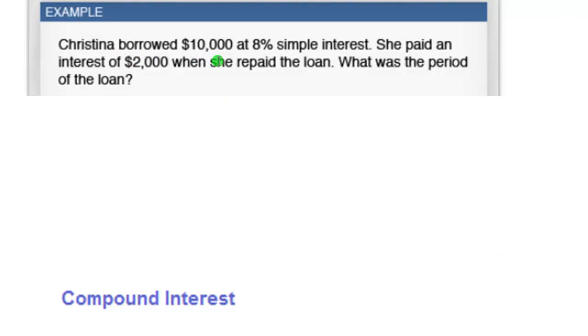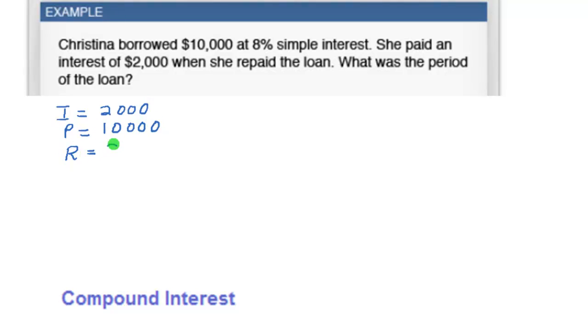Christina borrowed $10,000 at 8% simple interest. She paid an interest of $2,000 when she repaid the loan. What was the period of the loan? So we're looking for T this time. So they told us the interest is 2,000. P is the principal, the amount she borrowed, which was 10,000.